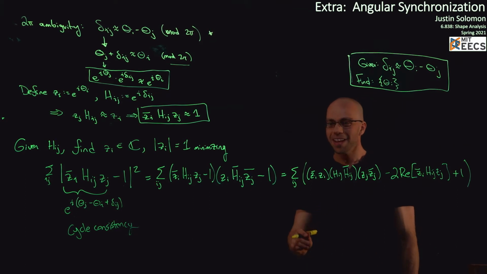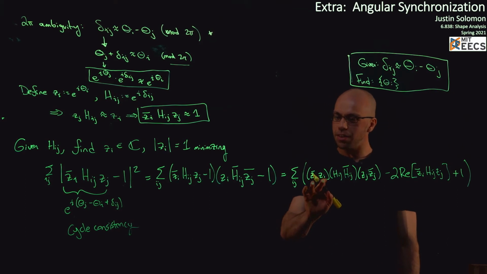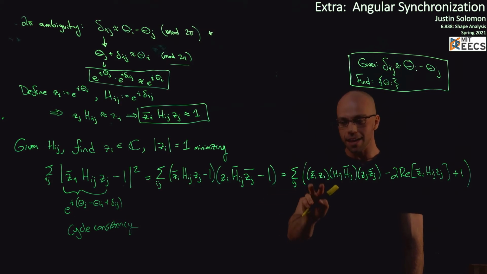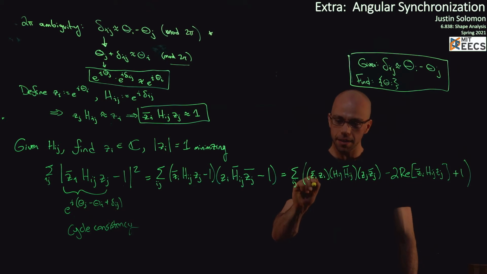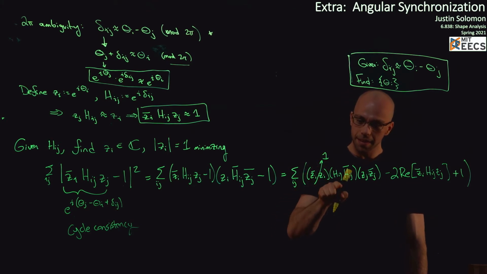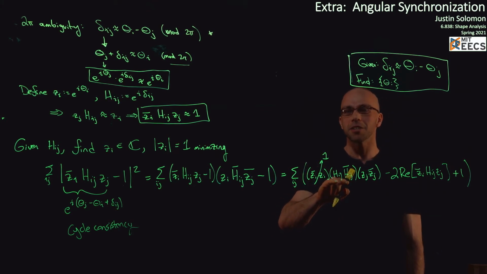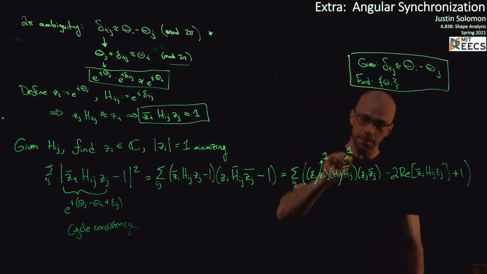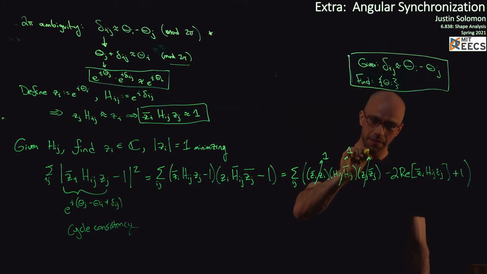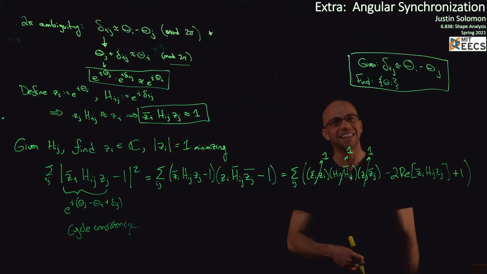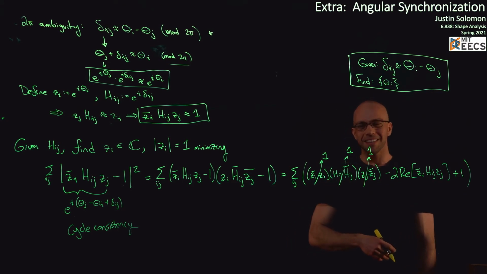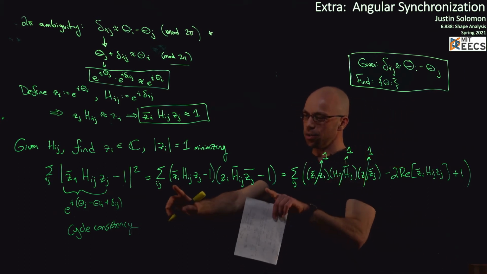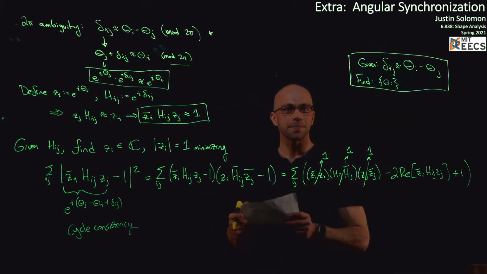Whew. So here's the thing. Remember that by definition, the z's are unit complex numbers, right? So zi times zi bar is equal to 1. Similarly, hij times hij bar is another unit complex number, so I get another 1, and then a third one. See, a sneaky thing happened, which is that this is really just a complicated expression for 1. So in other words, the only terms that matter here are the cross terms.